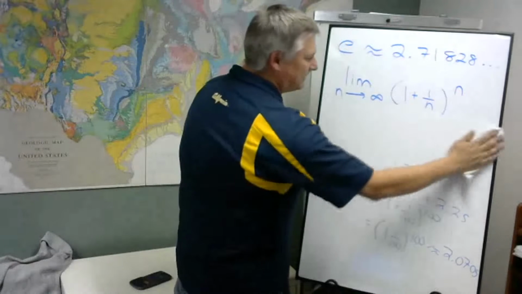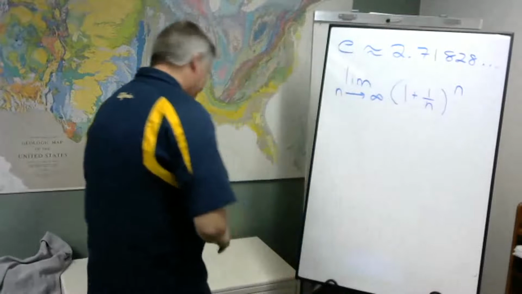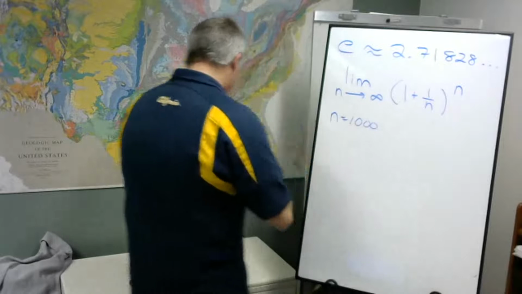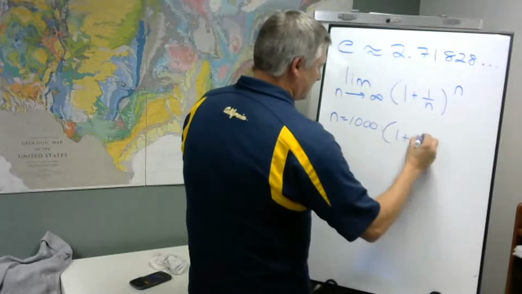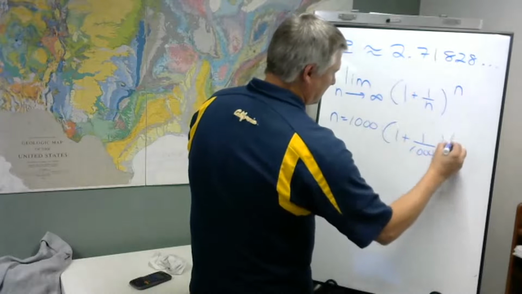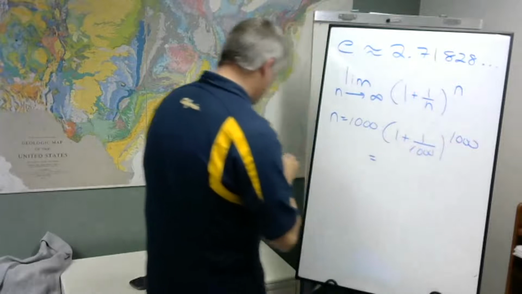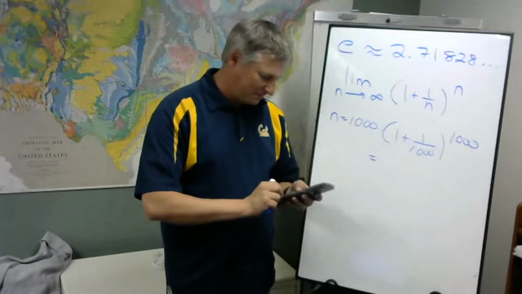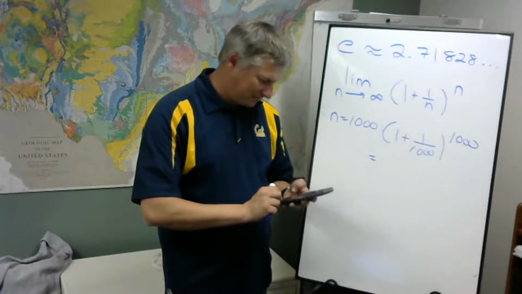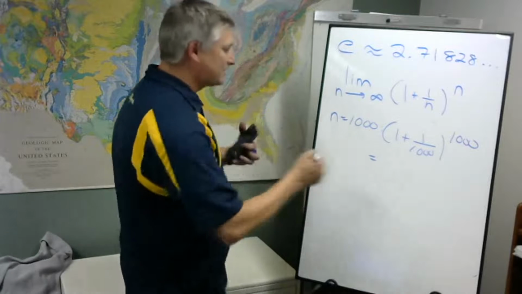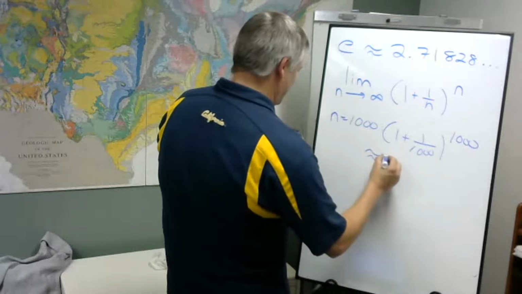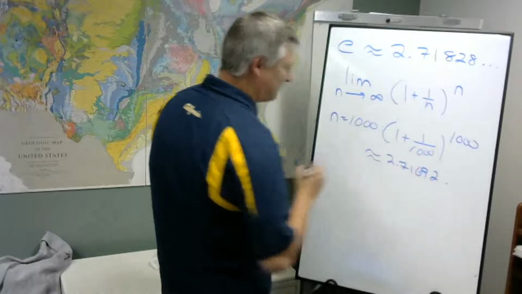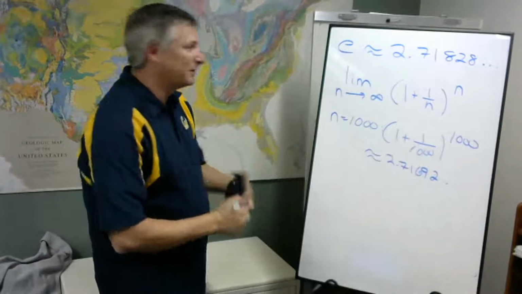Now let's try n is 1,000. If you punch this into the calculator, you get approximately 2.71692. And finally, let's do n is 1,000,000.